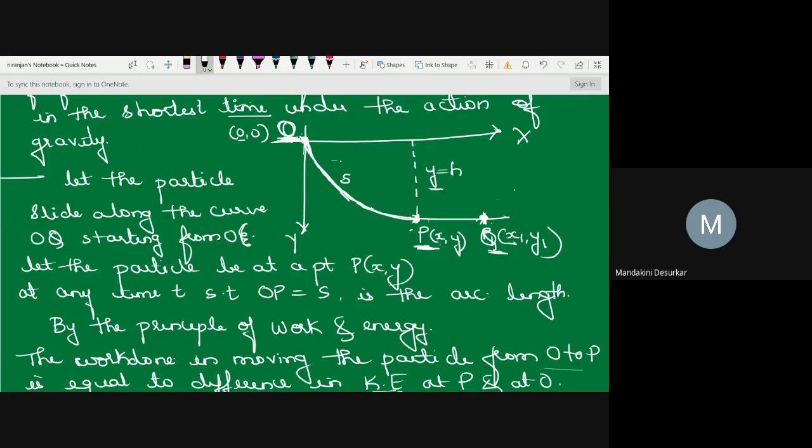Okay. At a point O, it is at rest. So what type of energy do you expect at that point?